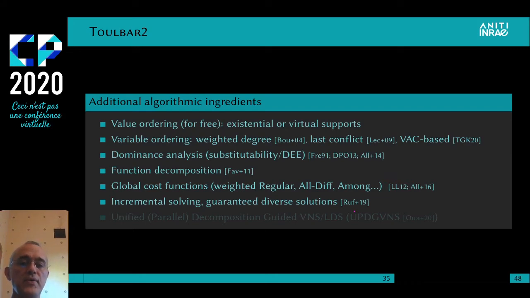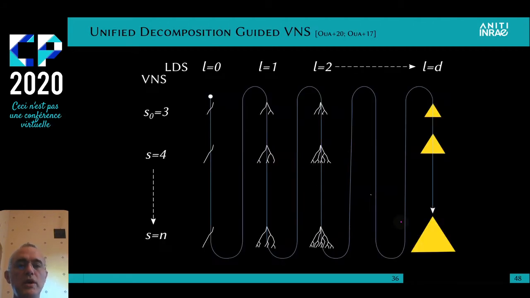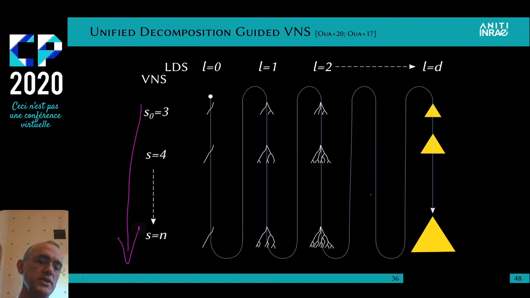And if HBFS cannot solve problems, you can use a sophisticated variant of variable neighborhood search that I will quickly describe. Essentially, it combines the idea of variable neighborhood search, where your neighborhood increases when optimization fails, with an increasingly strong partial search, so a limited discrepancy search.